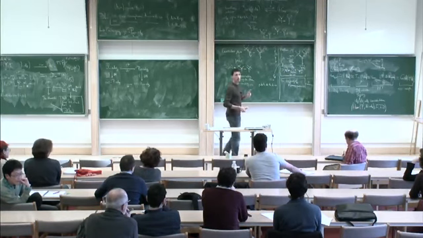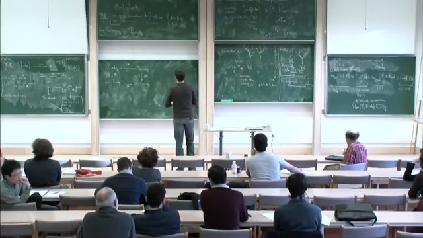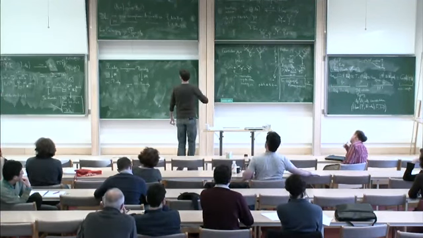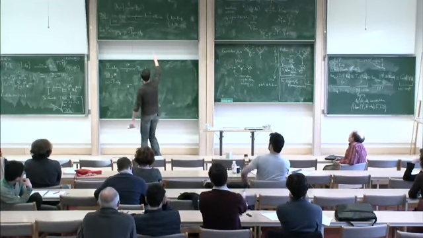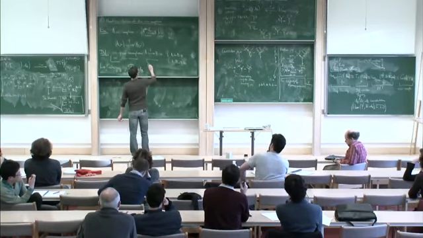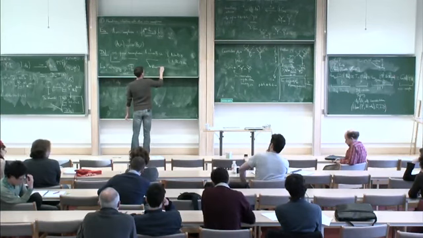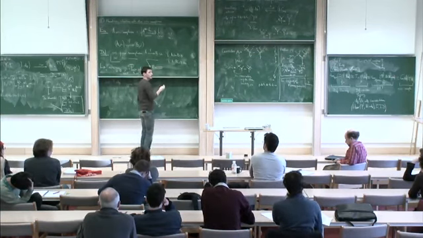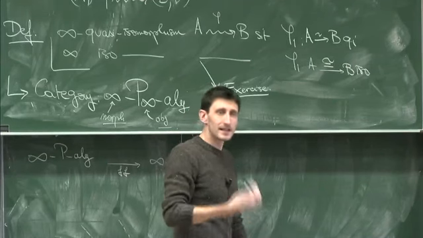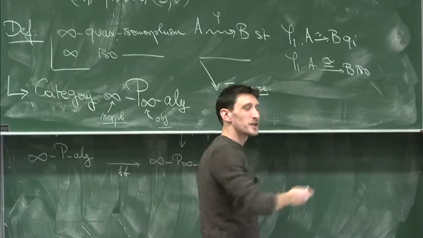Let me prove the homotopy transfer theorem quickly. One remark. Why did I define infinity isomorphisms? You can check as an exercise that the isomorphisms in that category are exactly the infinity isomorphisms. So you see, again, I gave you a definition. I don't like that.